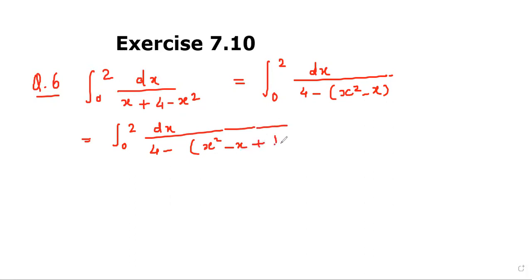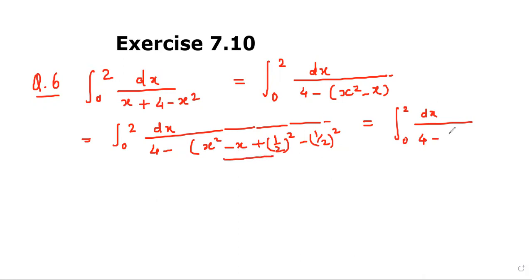So 1 by 2 square minus 1 by 2 square. So it will become integration 0 to 2 dx divided by 4 minus.